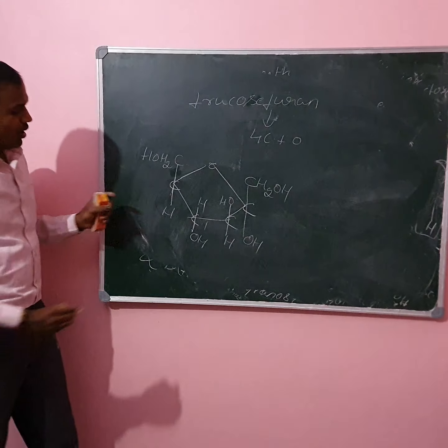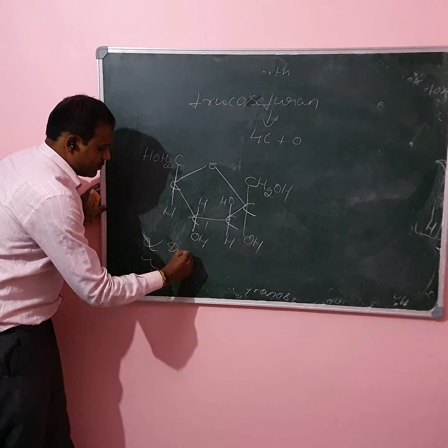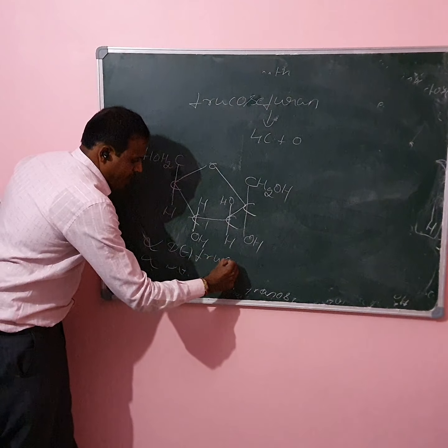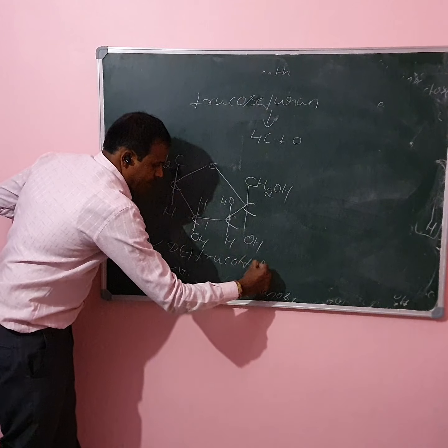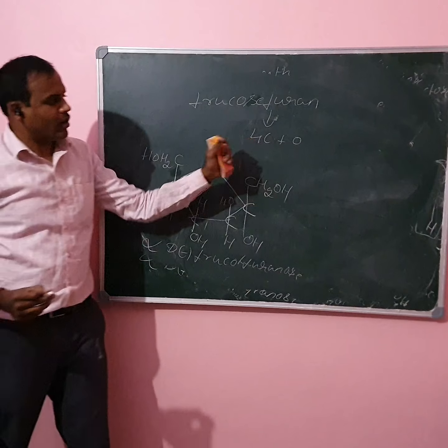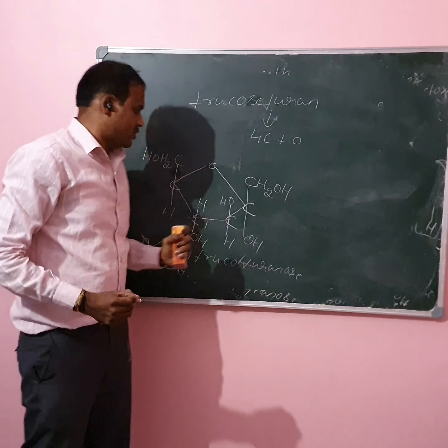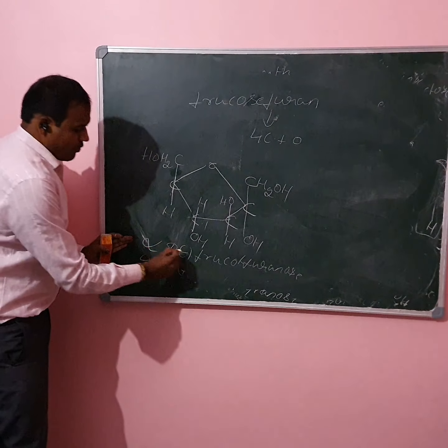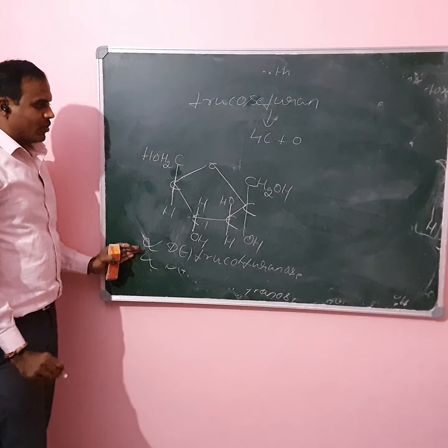This is what you call alpha D minus fructofuranose. Furanose, you already know, has 4 carbon atoms and 1 oxygen atom.